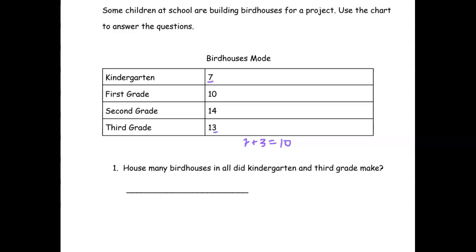And then we can see that there's another 10 in the tens place. So if we add another 10 to 10, we know that 10 plus 10 is 20. So kindergarten and third grade together made 20 birdhouses in all.